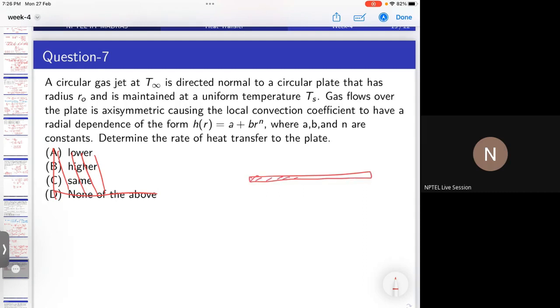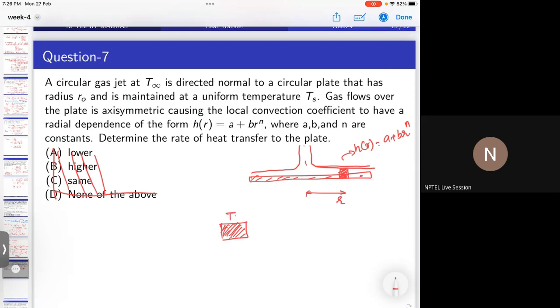So this is our plate, and we have an axisymmetric jet that is coming. I am taking it R. So at any location R, the heat transfer coefficient is given as A plus B R raised to N. I am taking an elemental strip at a location R of this plate.